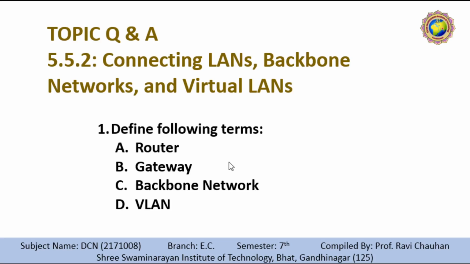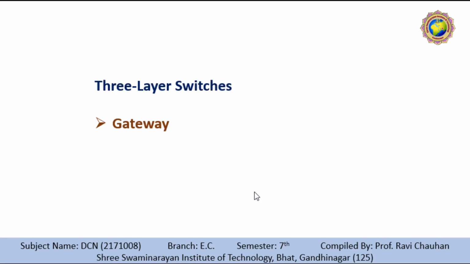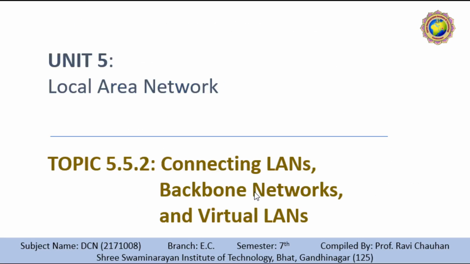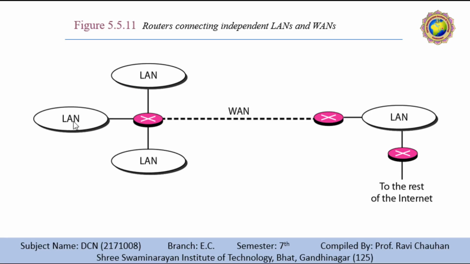It is the end of our session. Let's revise our discussion. We started our discussion with the two-layer switch and routers. A router connects devices from a LAN and WAN to the internet.